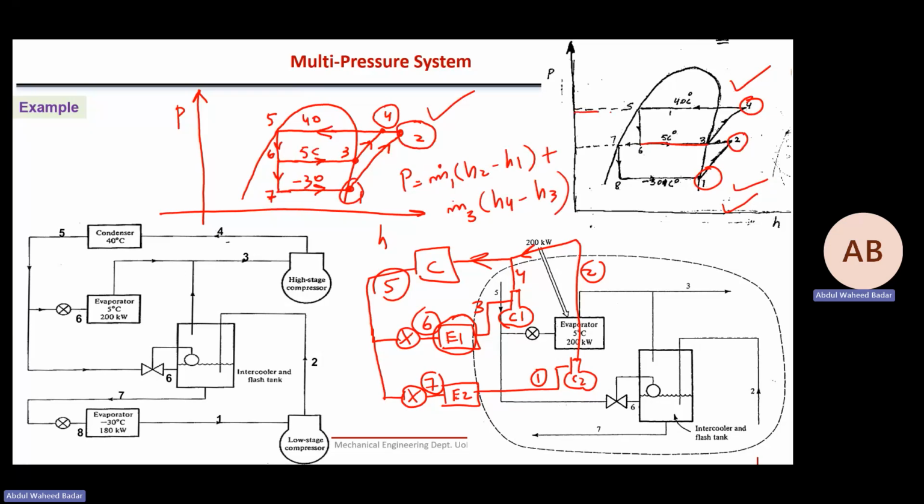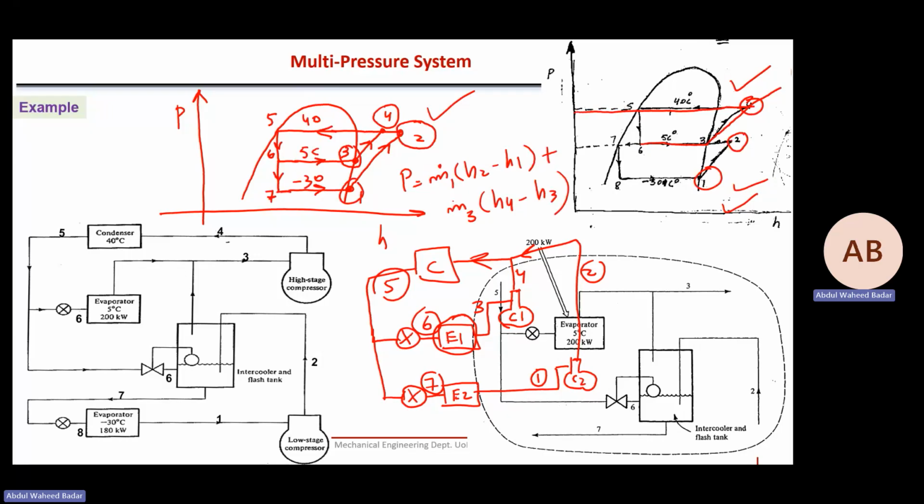Point 4 is at the same pressure and same entropy. Because look, point 4 is starting from point 3, and this point 3 is saturated liquid. Here we cooled point 2 to point 3.